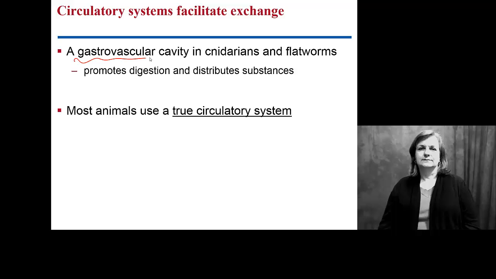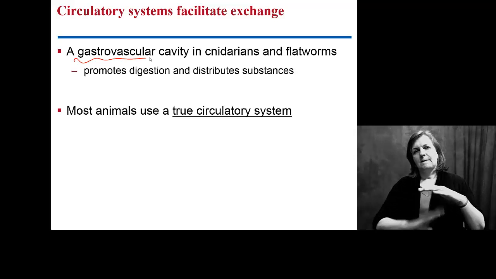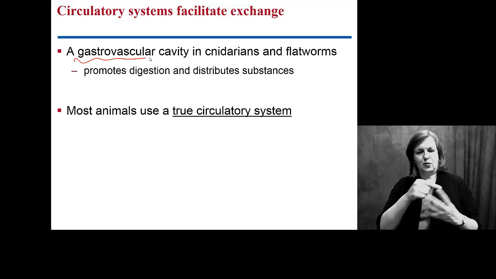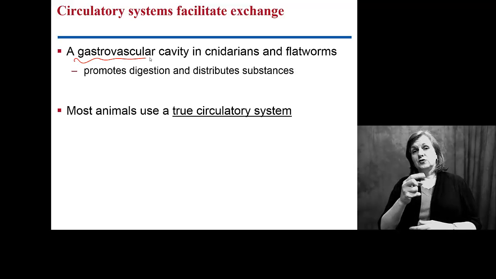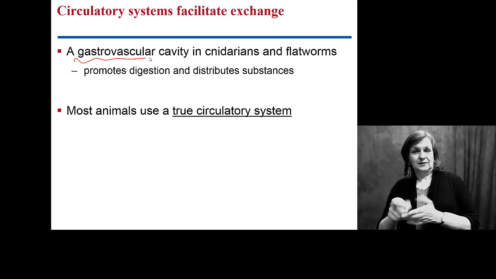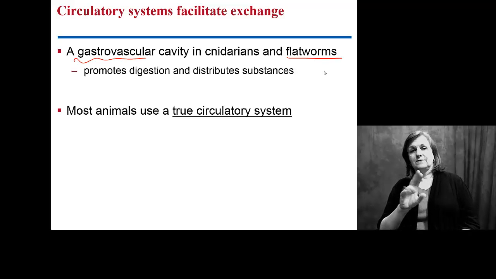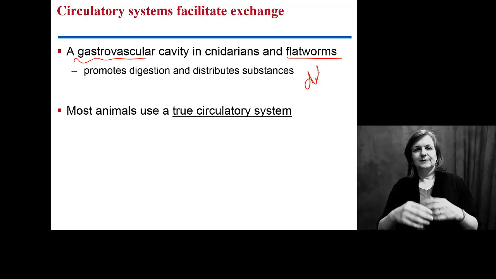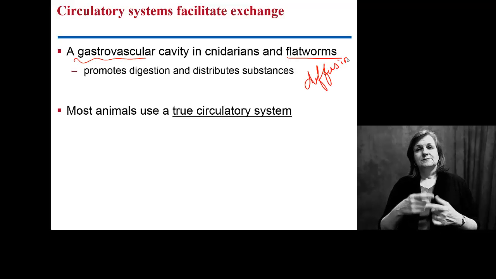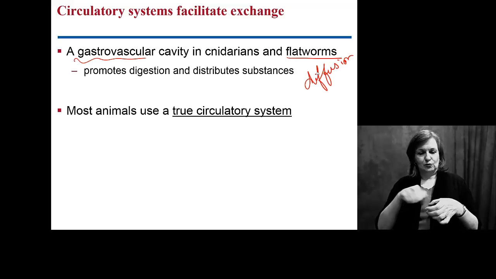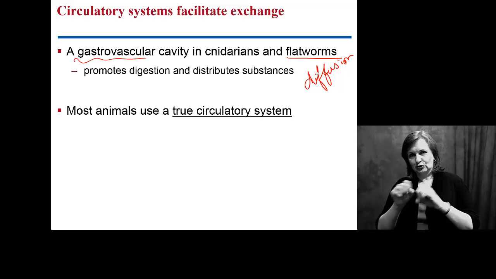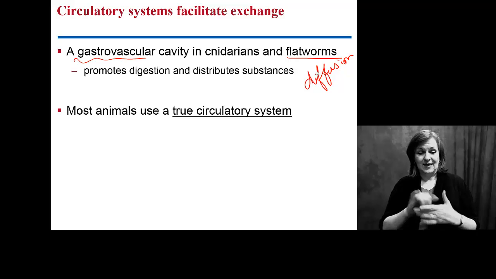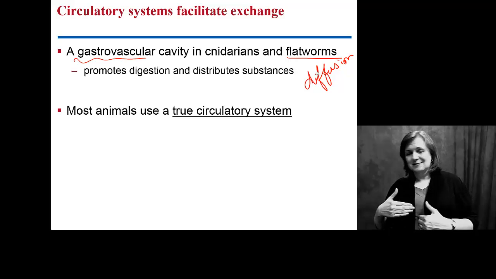So looking at having very basic functioning of those organisms allows good diffusion. So flatworms by definition are flat, so good diffusion. And the idea that they share a cardiovascular and a digestive system all in one actually works just fine for them. Now in you, that would never work.